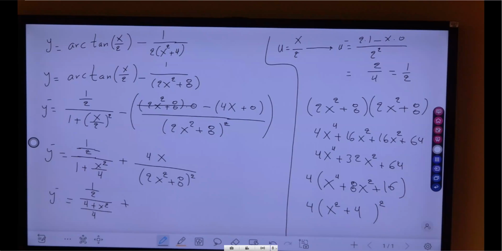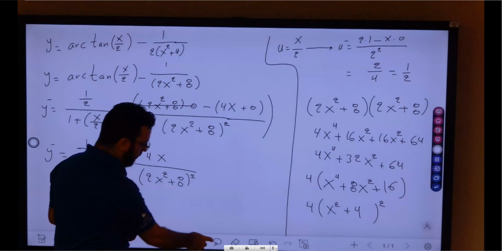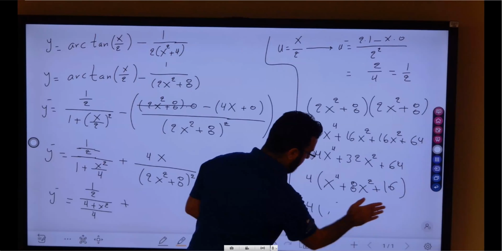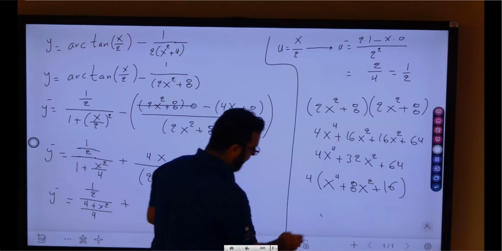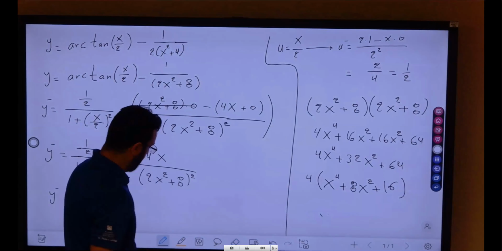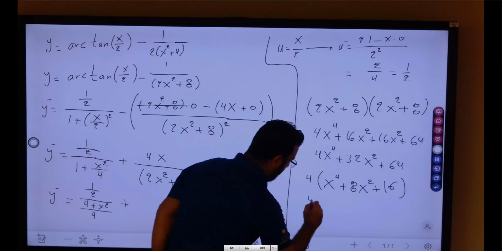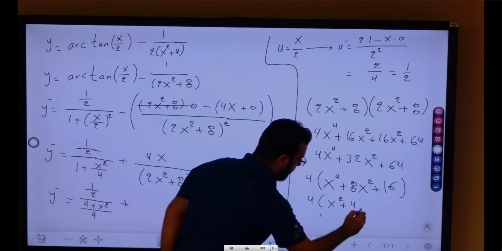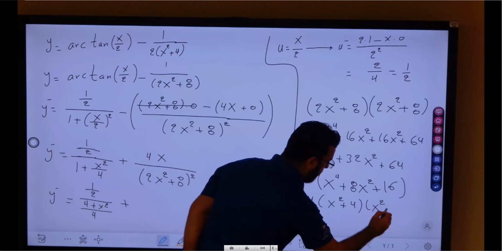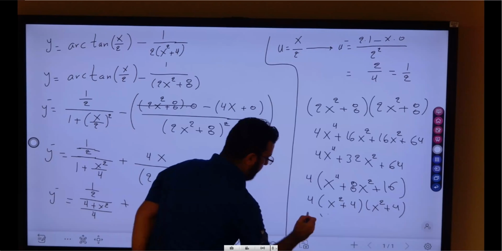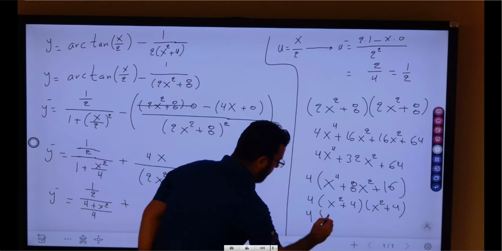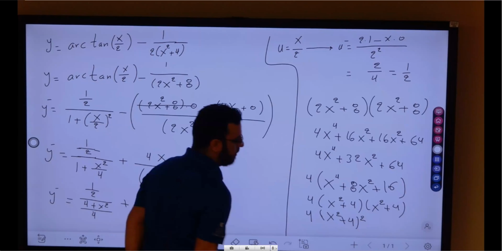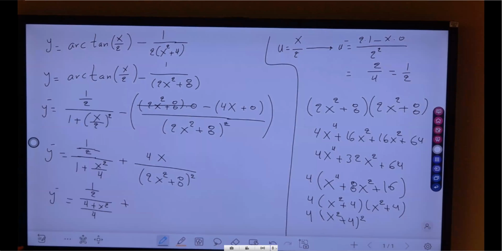That means if you factor this one, don't overthink it. Here is the 4, it's going to be x squared plus 4 and x squared plus 4, and then it's going to be 4 times x squared plus 4 squared. I'll check why I'm doing that.